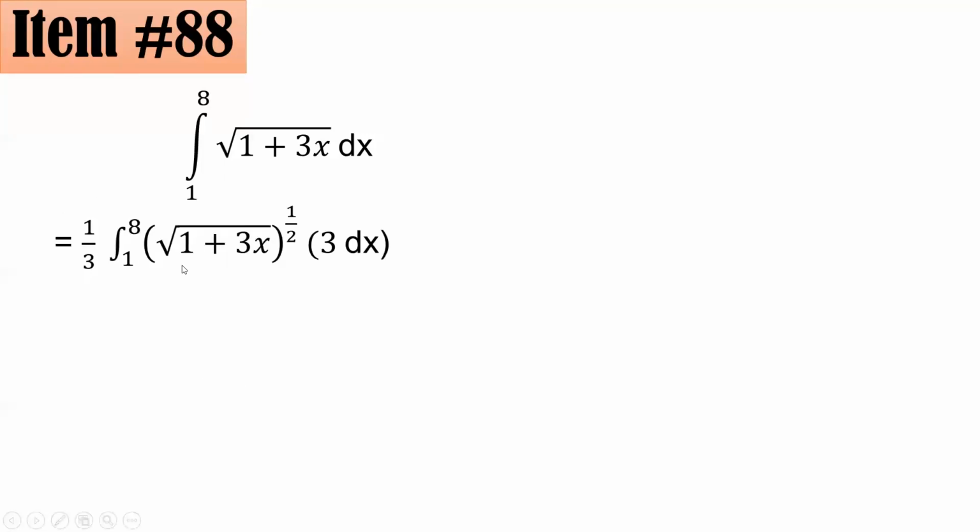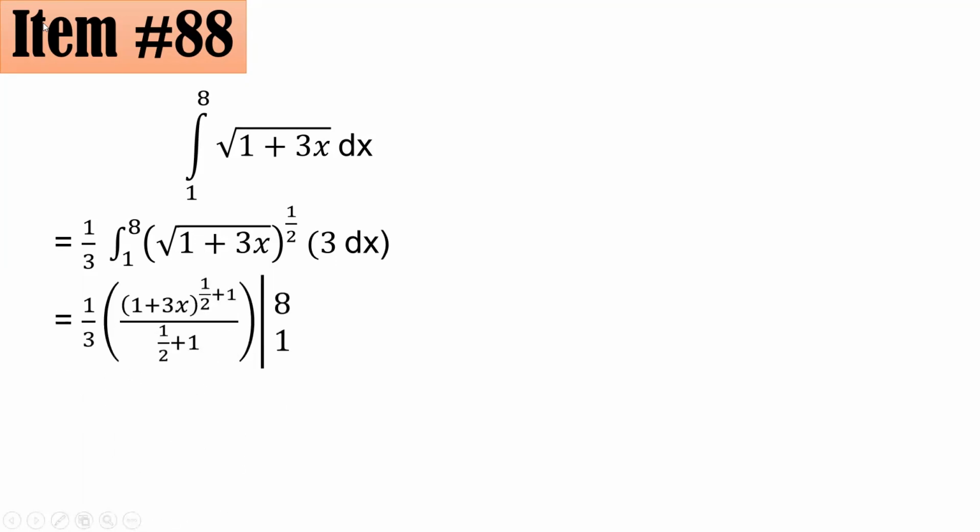if you will get the derivative of the inside, which is 1 plus 3x, the derivative is actually 3dx. Pero wala pong 3dx dito. Kaya yung ginawa ko po, nag-multiply po ako ng 3, naglagay din po ako ng 1/3 sa front to maintain equality. And I did here what we call substitution. I mean, in this case, nag-power rule po ako direkta, sorry.